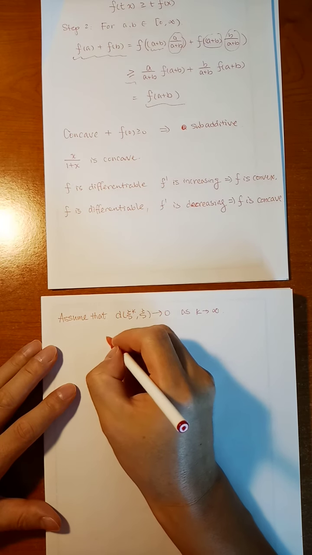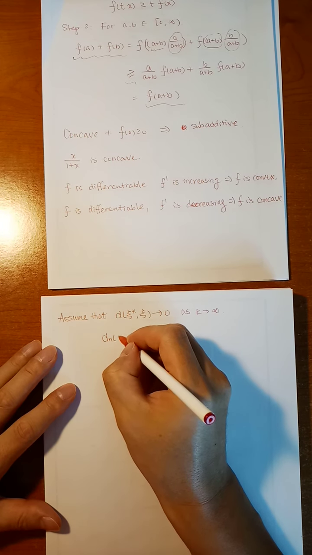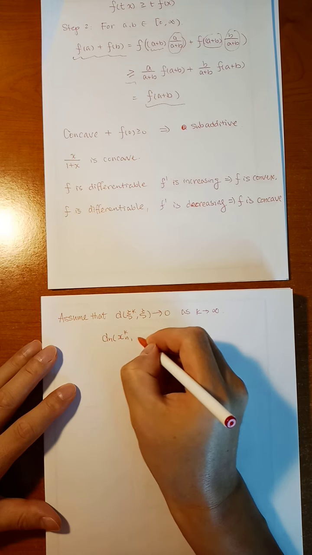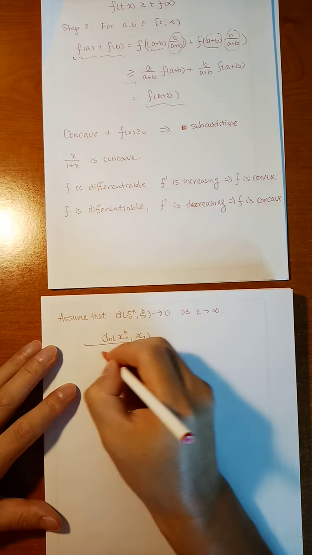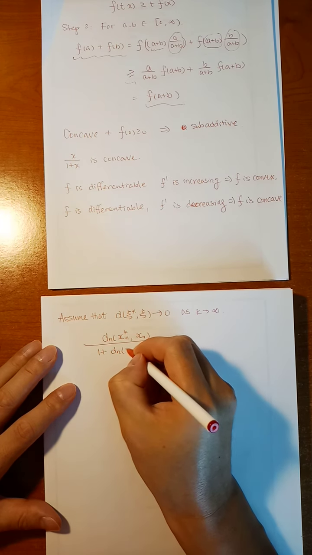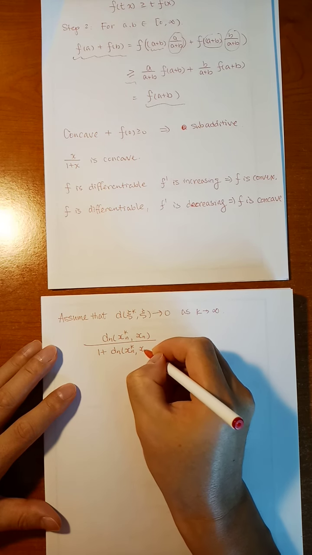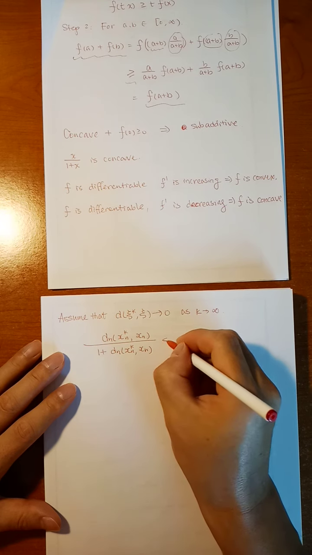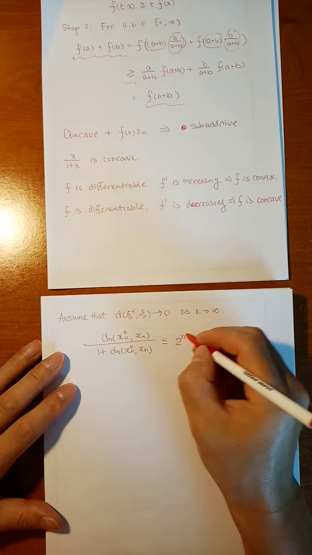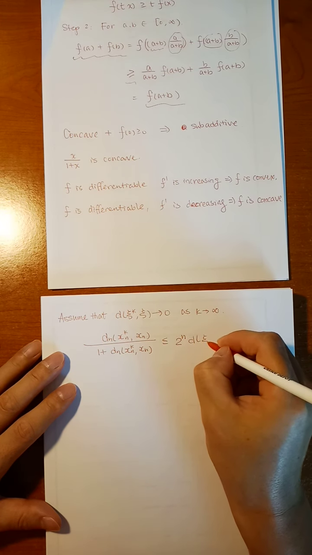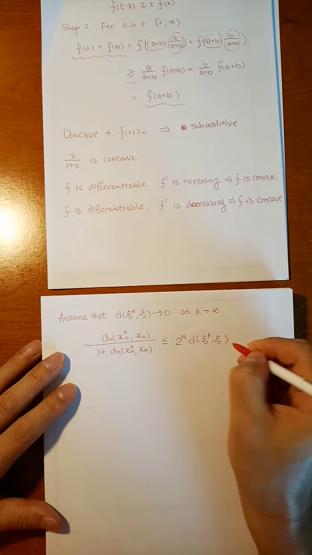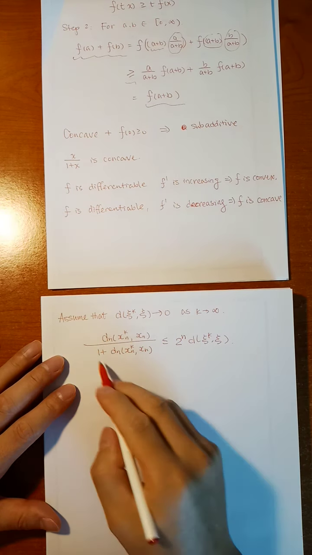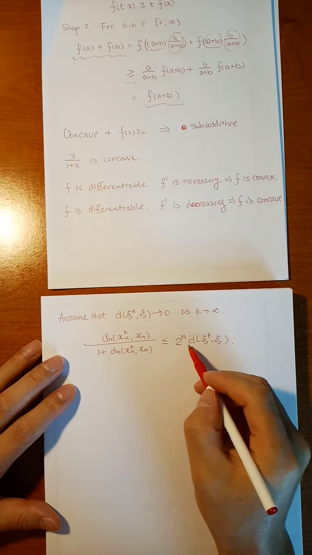Then we know that for each n, d_n of (x_k^n, x^n) over 1 plus the distance of (x_k^n, x^n), it's just one part. It's less than or equal to 2^n times the distance of x_k and x. This inequality comes from the definition of D.